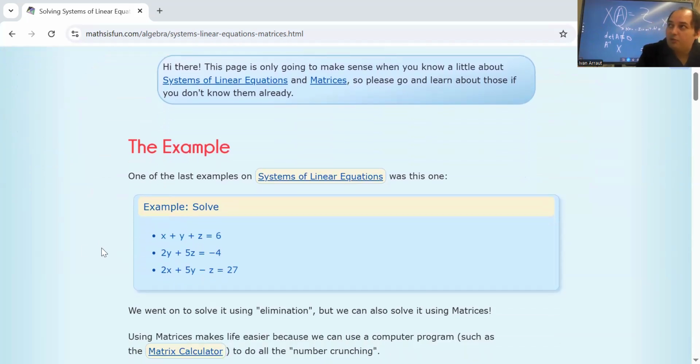For example, these equations: you have 3 equations and 3 variables. Let's say you did an experiment and you found some potential relations between variables in this way from 3 equations. X plus Y plus C equals 6. This is a plane, the equation of a plane in 3D. 2Y plus 5C is a straight line in the plane, in the projection YC.